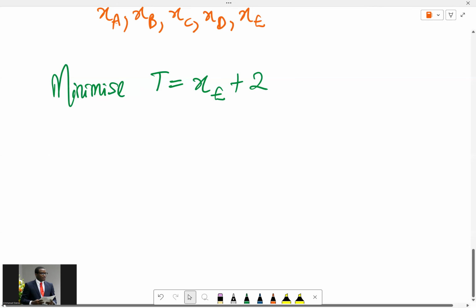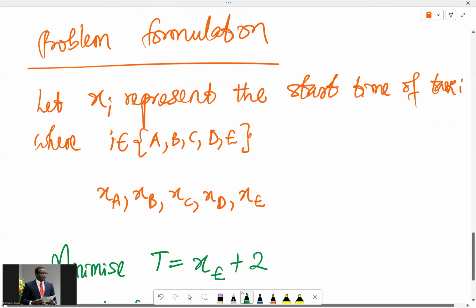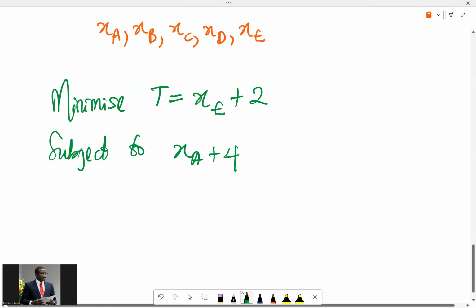Then we have some constraints, so that would be subject to the first constraint: the finish time of each task should be greater than or equal to the start time plus its duration. So for instance, the start time of task A is XA, and it takes 4 days.